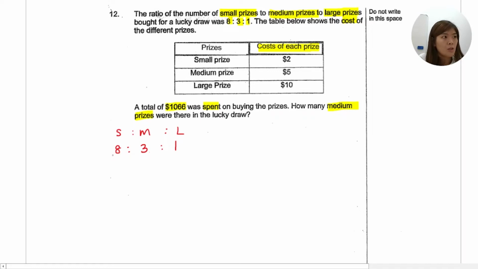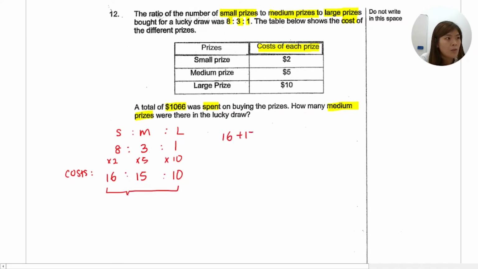The cost would be 8 times 2, which is 16. Then this one times 5 is 15, and this one is 10. This adds up to 16 units plus 15 units plus 10 units, which gives you 41 units in total.